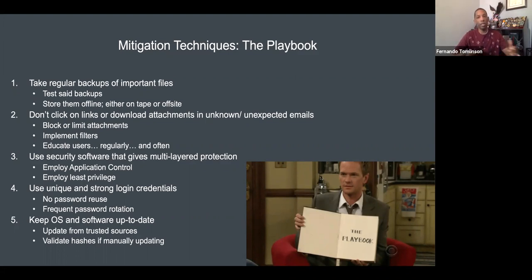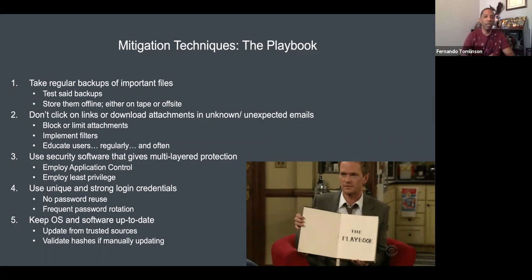We absolutely want to test the backups to make sure that they actually work. We want to not click links that we don't know about. I know we all know that if we're in this profession, it's us trying to prevent people within our organization who don't necessarily know that or can't see the signs. So we want to be able to filter or identify when such things have happened.